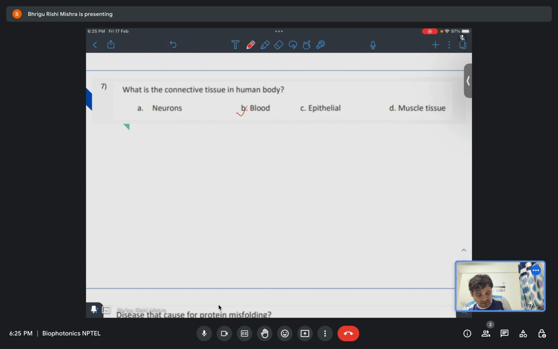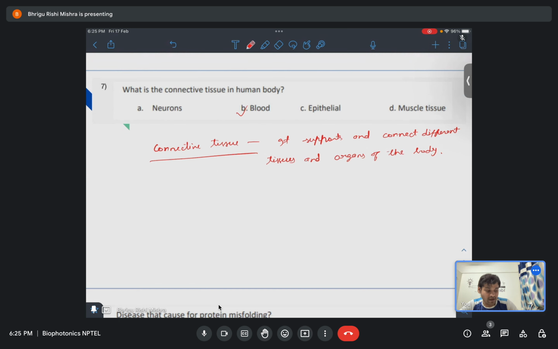Connective tissue supports and connects different tissues and organs of the body. So clearly it is blood that does all these things.